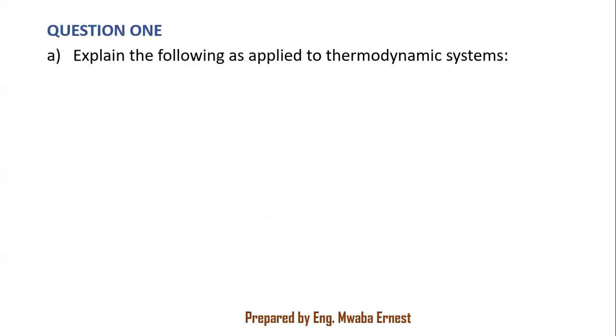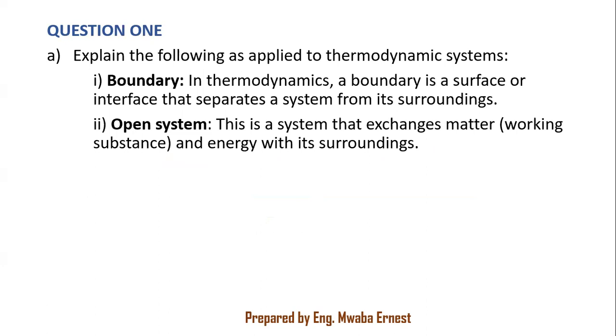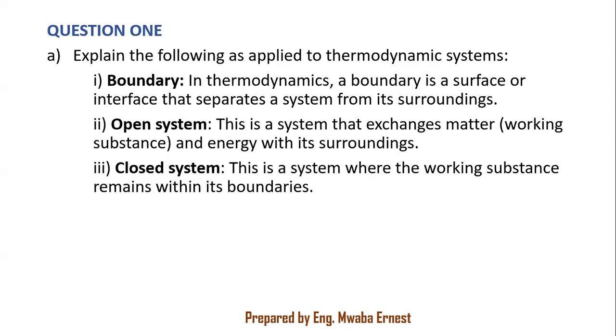Question number 1 was talking about definitions. Explain the following terms. Boundary. In thermodynamics, a boundary is that surface separating the system from the surroundings. An open system is a system that is free to move. In that way, we are saying that it exchanges matter with the surroundings, and not only matter, but also energy with the surroundings.